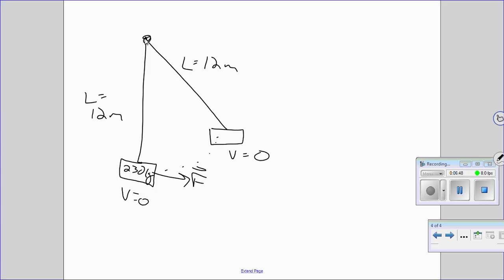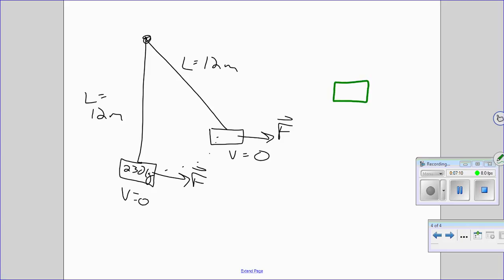Now, question A says, what's the magnitude of the force F when the crate is in this position? So in other words, when it's at this point, you're keeping it at rest, correct? Okay. So that one is basically just some trig. So at this instant, there are 3 forces acting on the block, right? Name them for me.